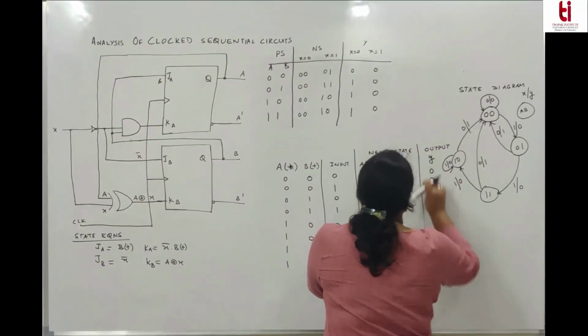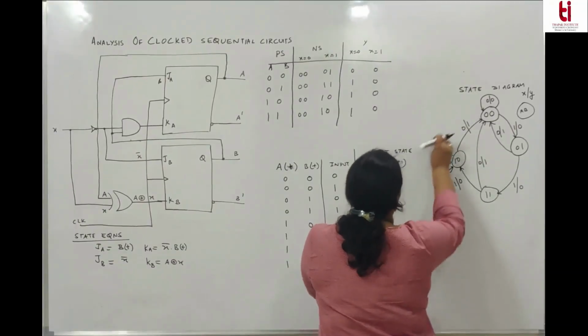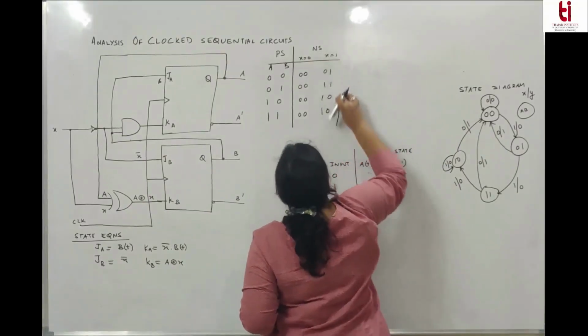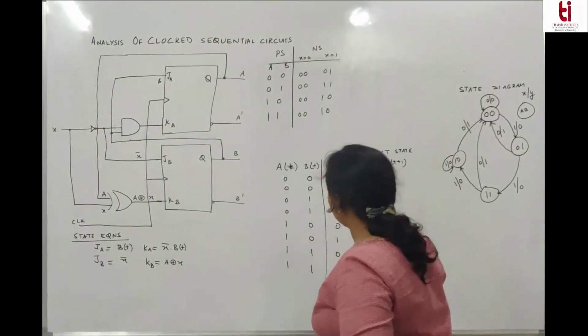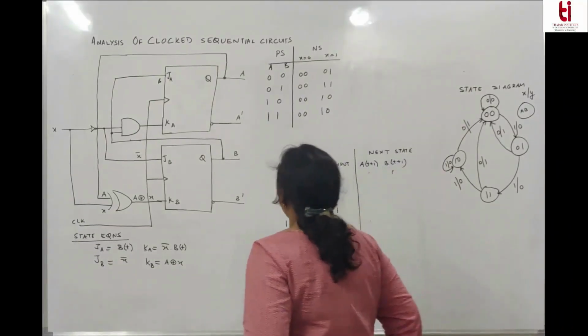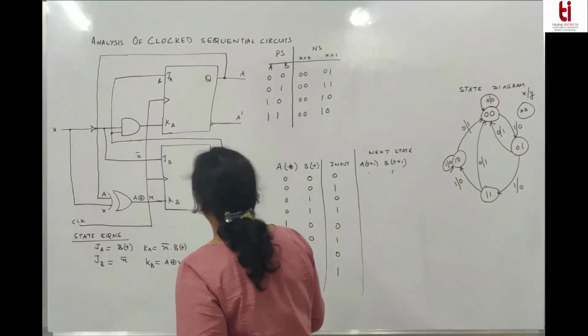There is no output, so we will not have any output here. When A is 0, 0, what is input X is 0.